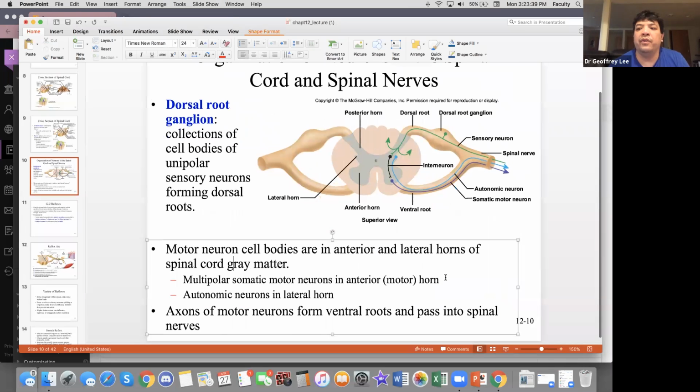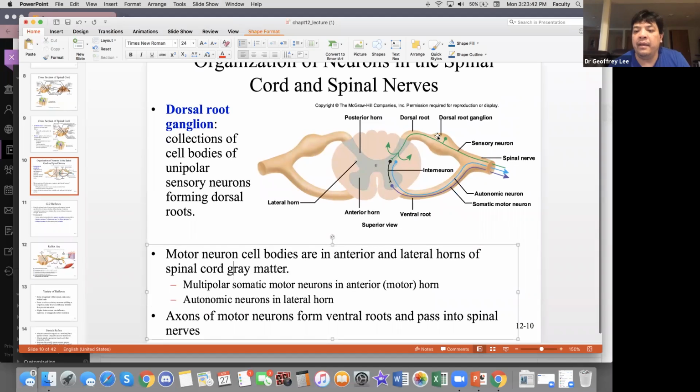So here for the dorsal root ganglia, again, on this model, this picture is pretty good. You can see the dorsal root ganglia includes our cell body, that big green circle, the cell body of our sensory neuron. These are what we call unipolar neurons, where it just has one axon.